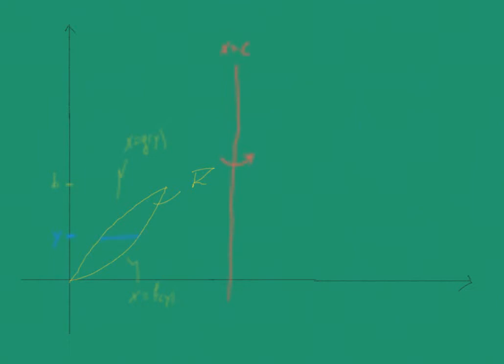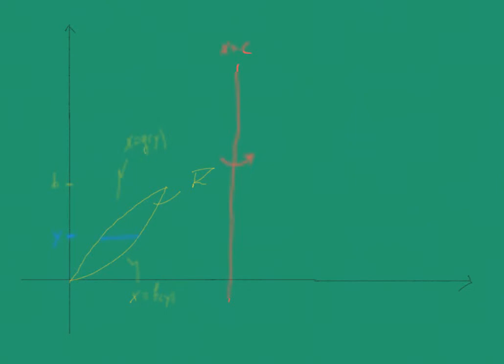Okay, so we're going to suppose first that we're going to rotate our region R about a vertical line x equal to c. And again, in this case, we're assuming that our region R is described in terms of functions of y.